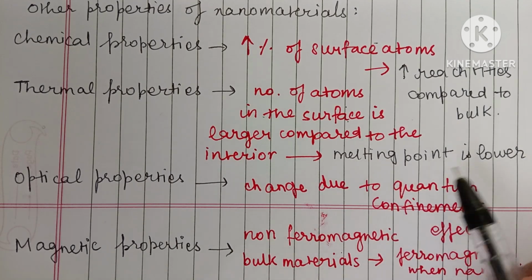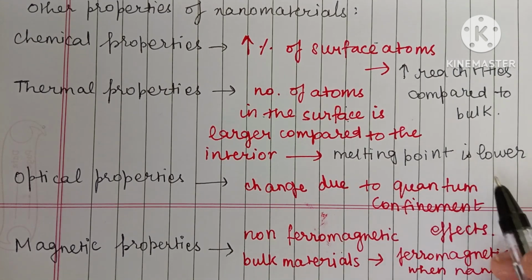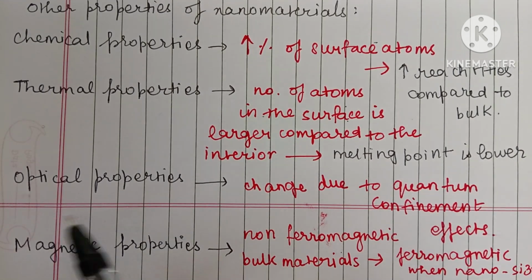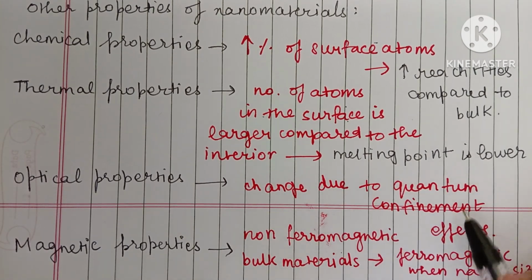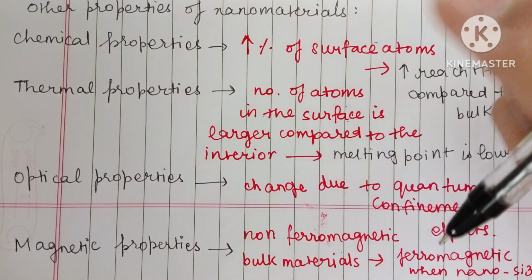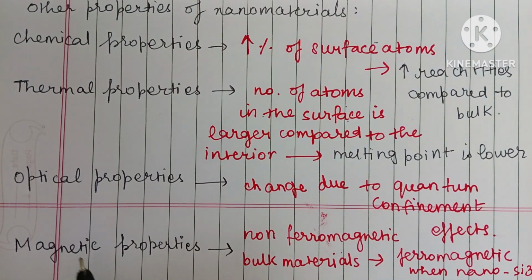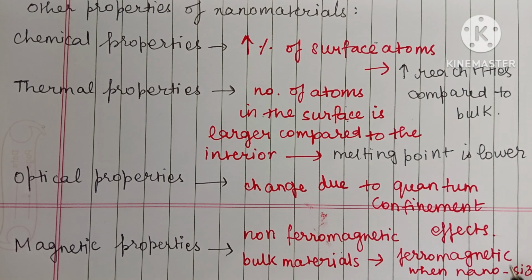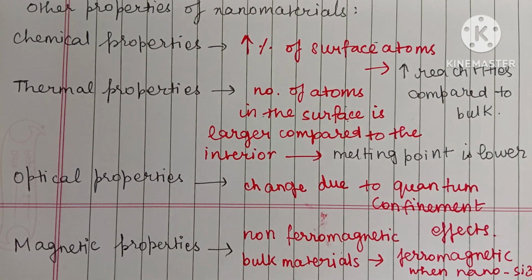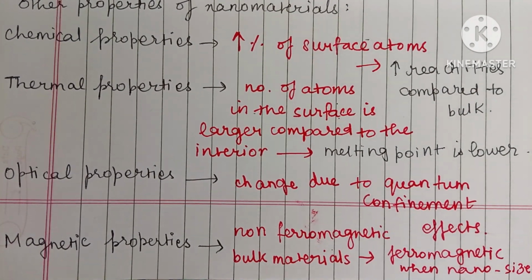So for nanomaterials, the melting temperature reduces with size. Thirdly, optical properties. These change due to quantum confinement effects. Now, magnetic properties. Non-ferromagnetic bulk materials show ferromagnetic properties when they are reduced to nano size.